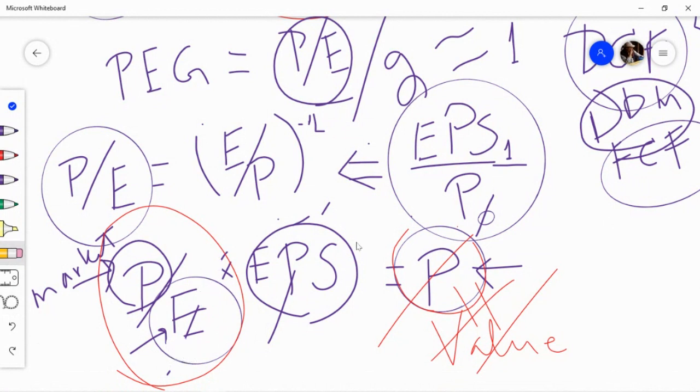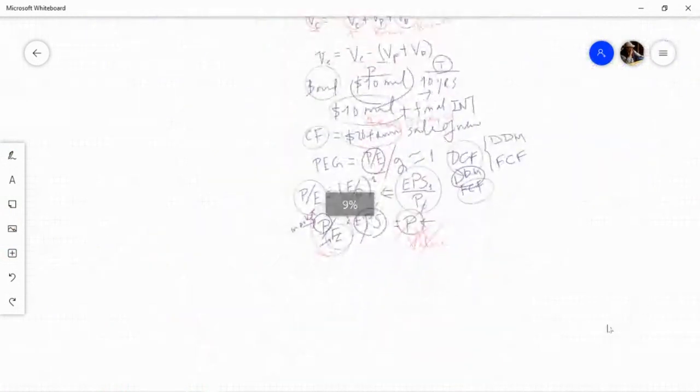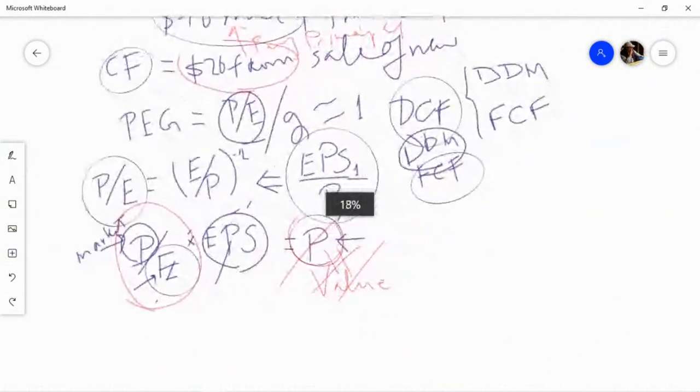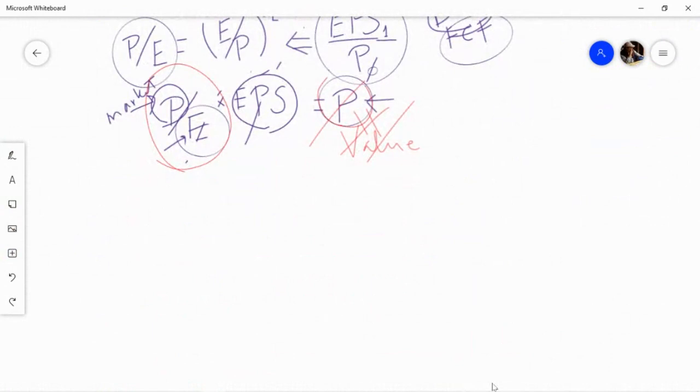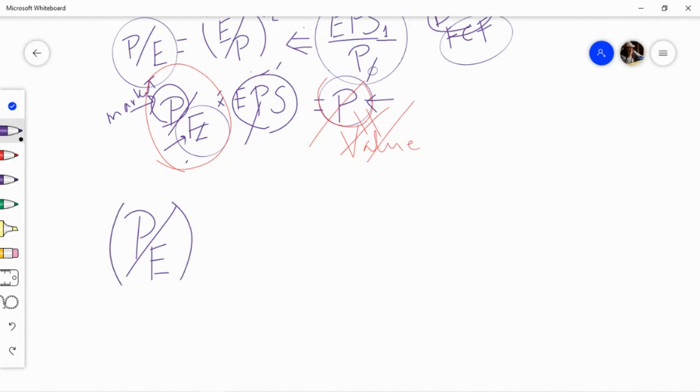Actually, the price earnings ratio they use here is not the price earnings ratio of that company, right? The price earnings ratio they use here is the industry average price earnings ratio.